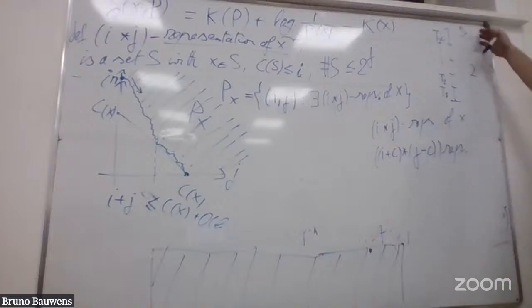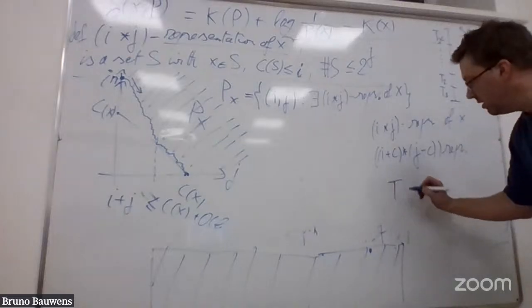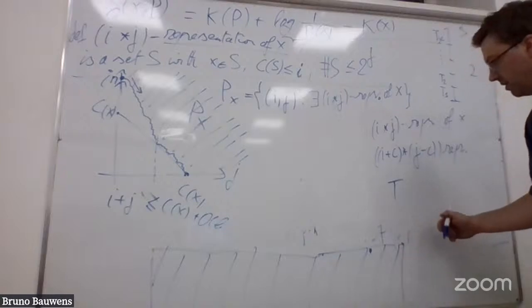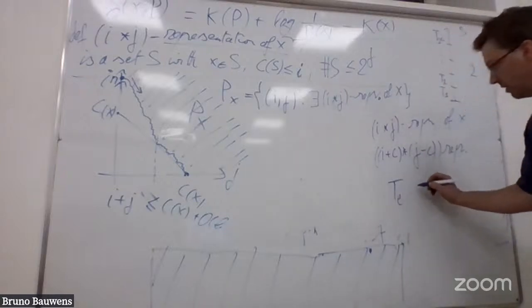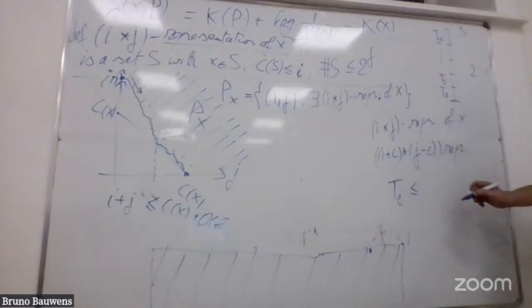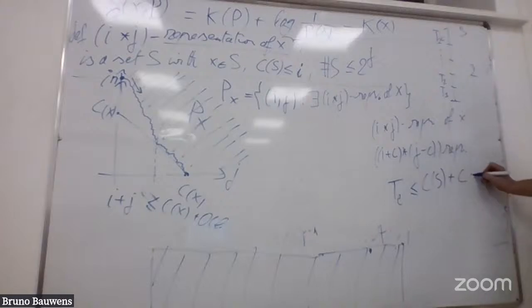So we divide S in roughly equal sets. And then the complexity of each set T_e is bounded by the complexity of S plus c, plus order log c.